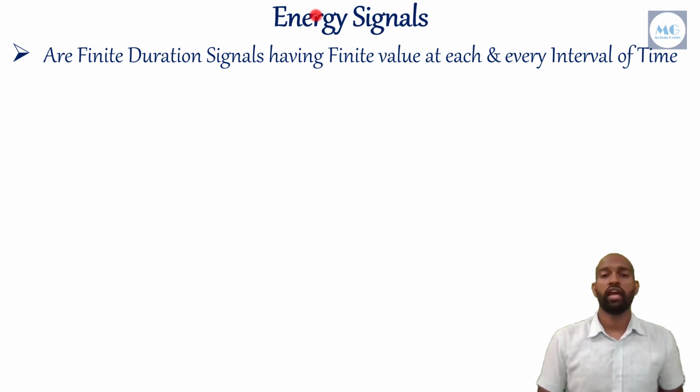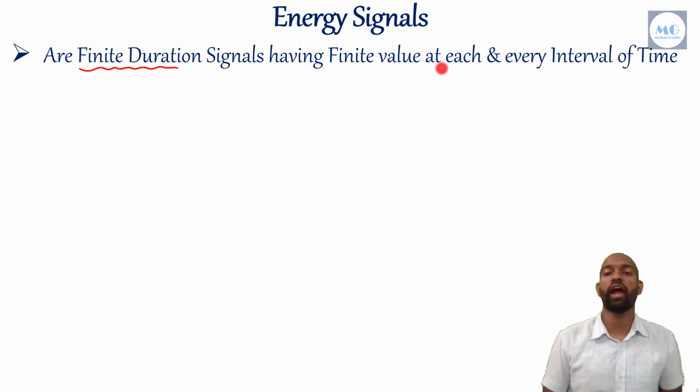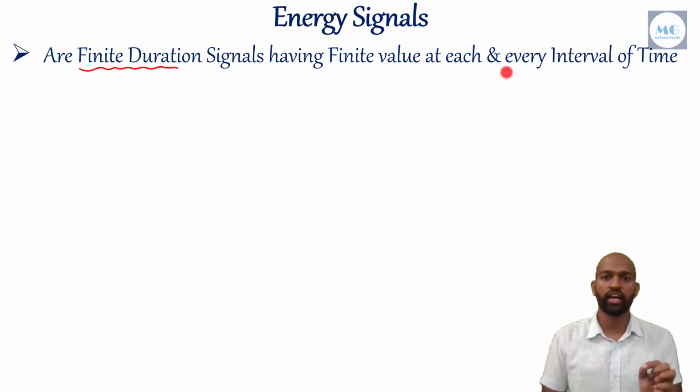That means a finite duration signal will be an energy signal if and only if it has finite value at each and every interval of time. For a finite signal, we have to see whether the signal is finite for every interval of time or not. Just that. Let's understand it via some graphs.